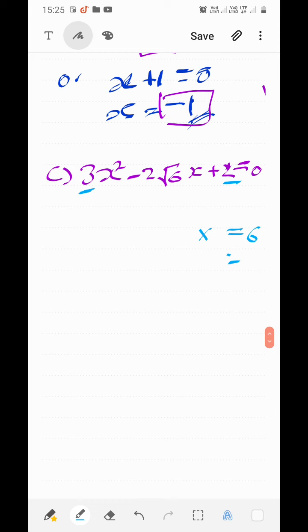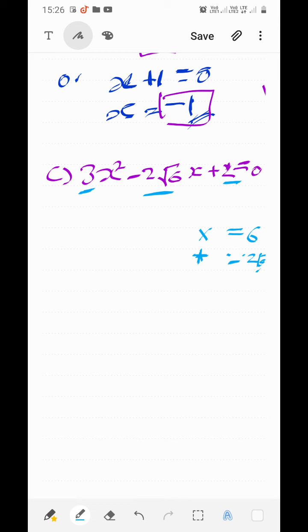Then we choose −2√6. Minus 2 root 6 is the coefficient of x. Now by multiplying we have to get 6, and by adding we have to get −2√6. Since a root comes here, we are sure it will be a square root number.